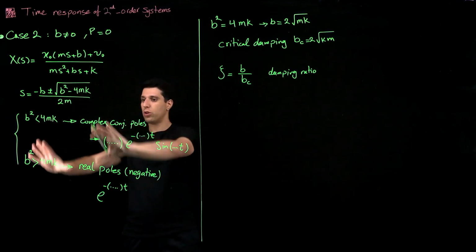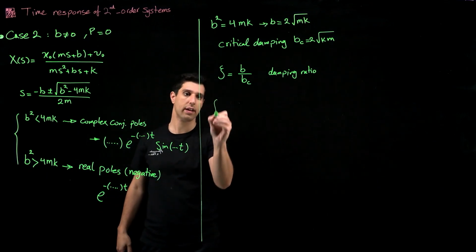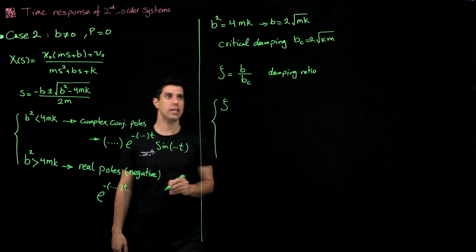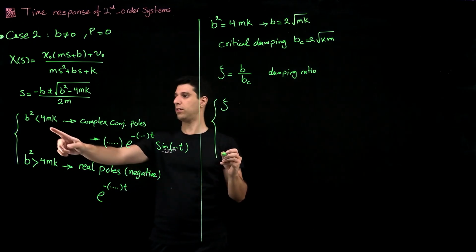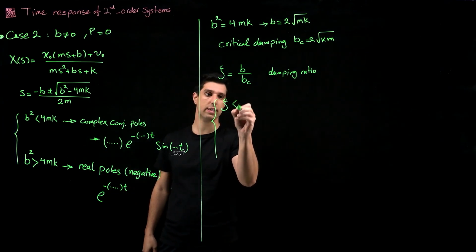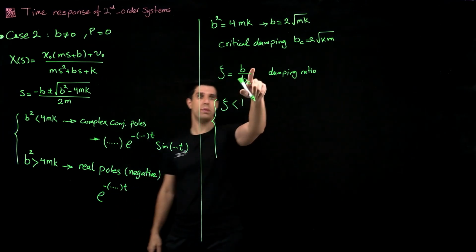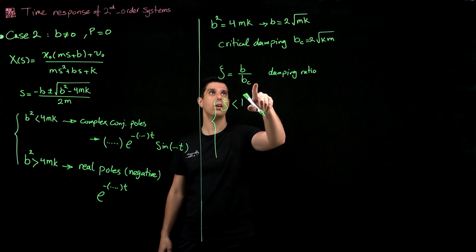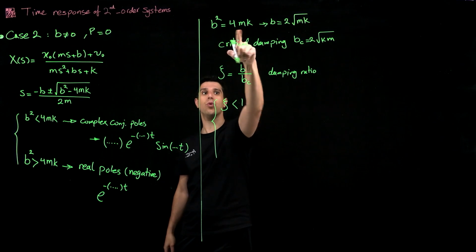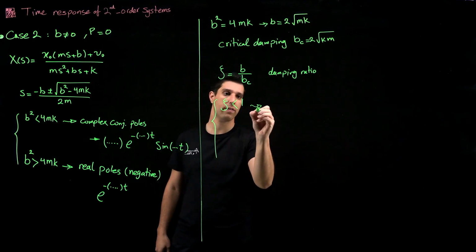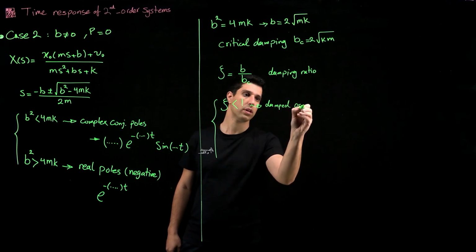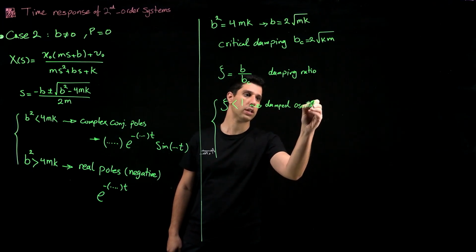So going back to here, if I want to summarize it, if z is less than 1, so b is less than b critical, or b squared is less than 4mk, I'll have damped oscillations.